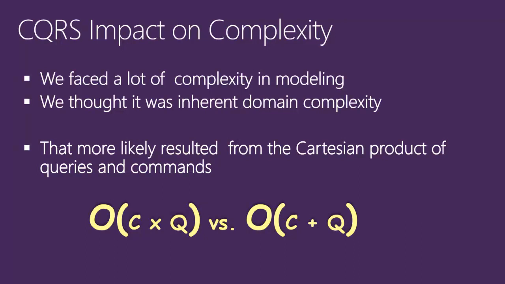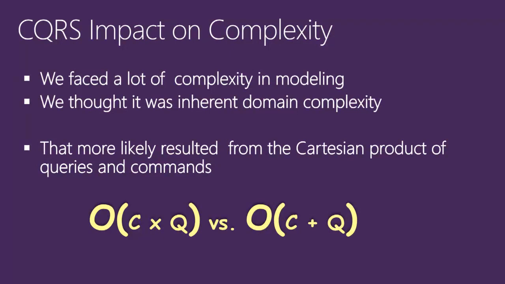If we call C the command, the complexity of the part of the domain that contains behavior that alters the state of the system, and Q, the part that contains data access and read, well, when we go with a domain model, essentially the overall complexity, the order of its magnitude, is probably the Cartesian product of the two quantities, which may lead to some sort of exponentially growing complexity as the system becomes larger and richer of business rules to handle.